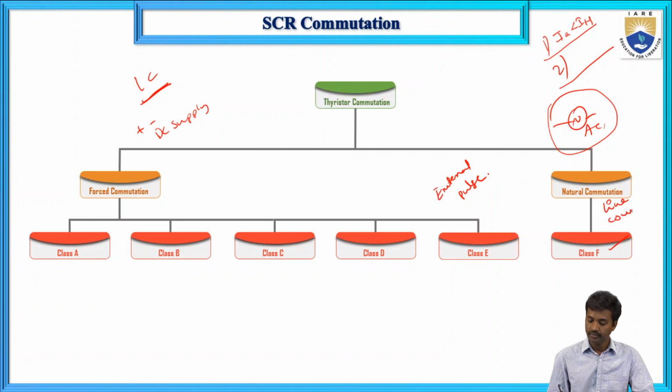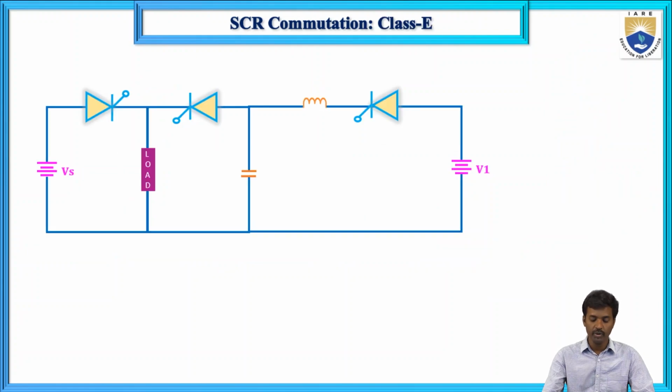Now the circuit diagram. First I will explain Class E commutation. The main thyristor is T1. This is the main circuit, with plus and minus VS supply. Giving a DC supply means forced commutation.